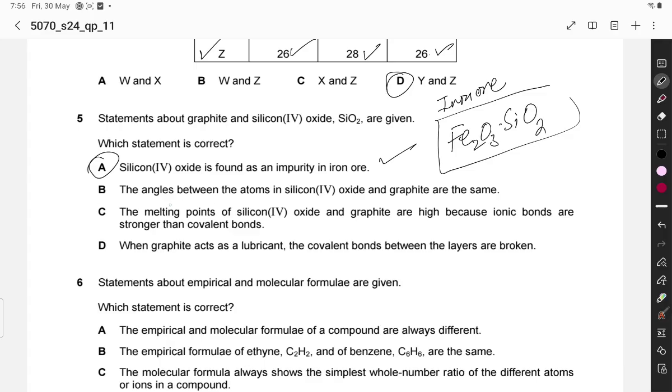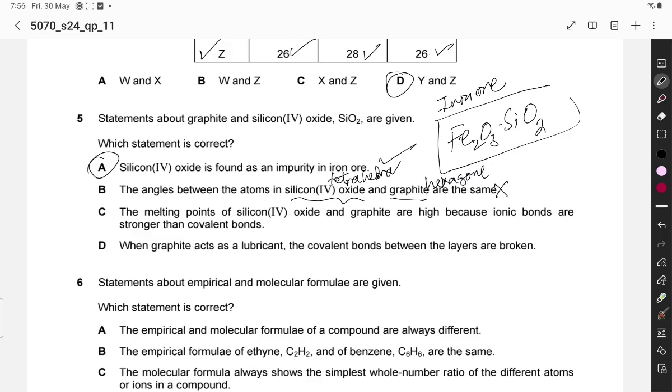The angles between the atoms in silicon(IV) oxide and graphite are the same. This is incorrect because graphite is hexagonal and silicon(IV) oxide is tetrahedral. This is a tetrahedral structure and this is hexagonal.